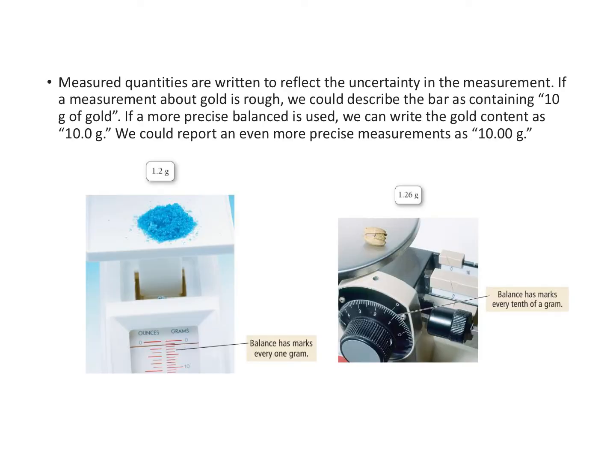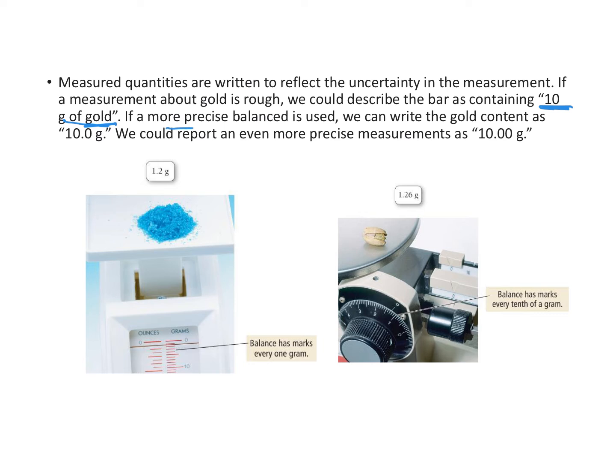Okay. And then there's another example that your book gave, which I included here. If we want to measure gold, and these are measuring a statue and copper and another element, I just want to demonstrate the point that if we say we have 10 grams of gold, it means the scale we had could measure only up to this much precision, and we'll talk about significant figures in the next slide.